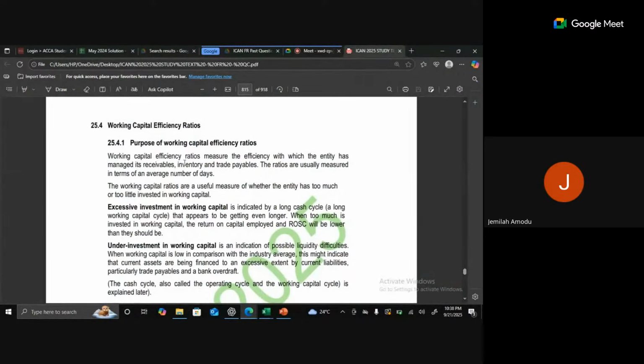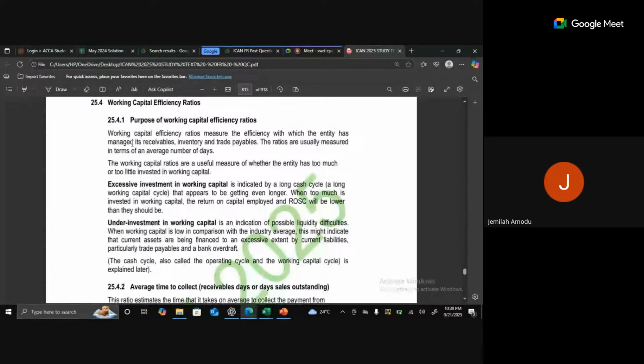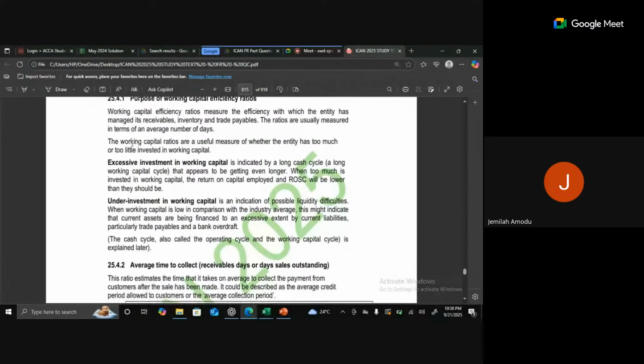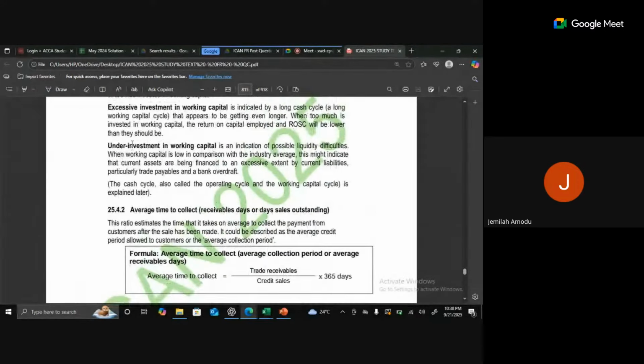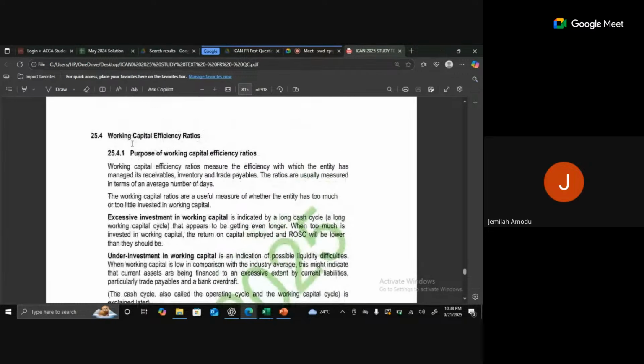So the next one is working capital efficiency ratios. Now we just have to look at the purpose of working capital and go through all this before we move to the main ratio itself. So there's a purpose of working capital. Working capital efficiency ratio measures the efficiency with which the entity has managed its receivables.